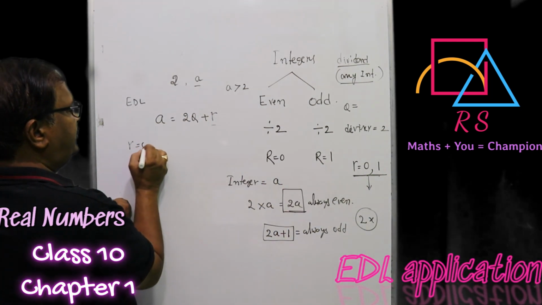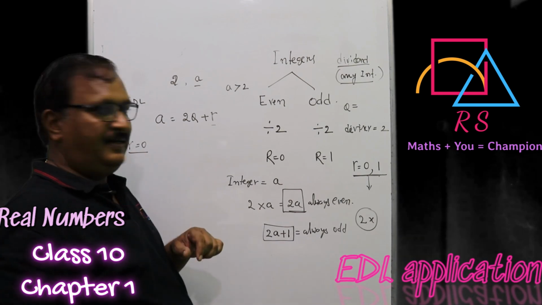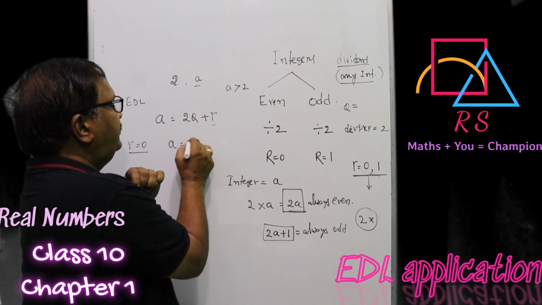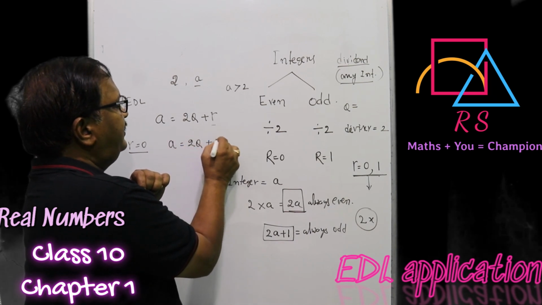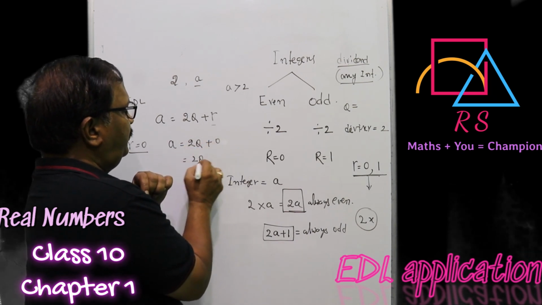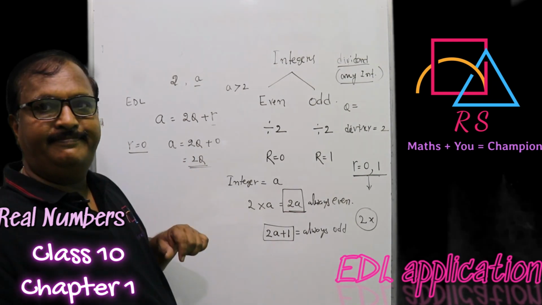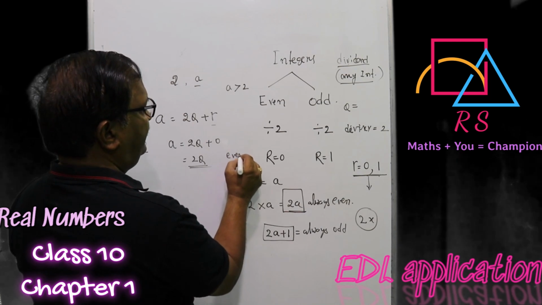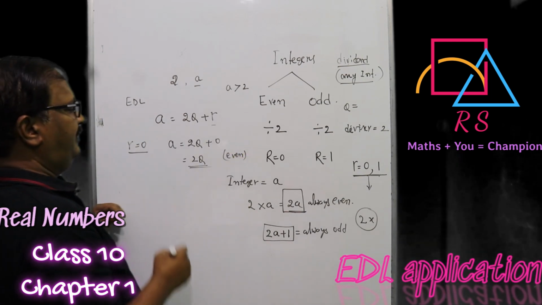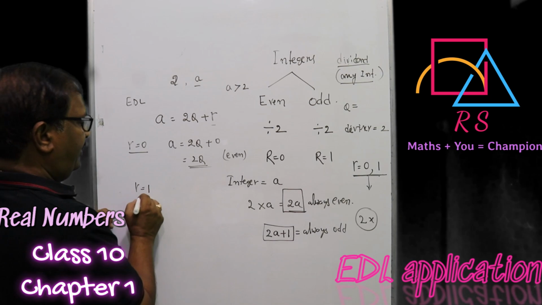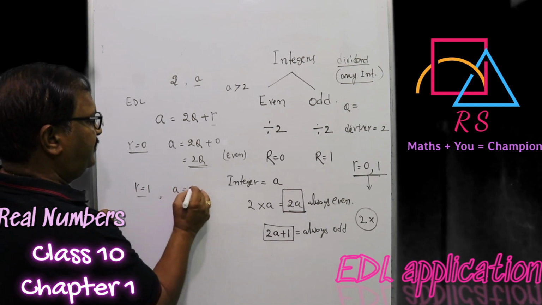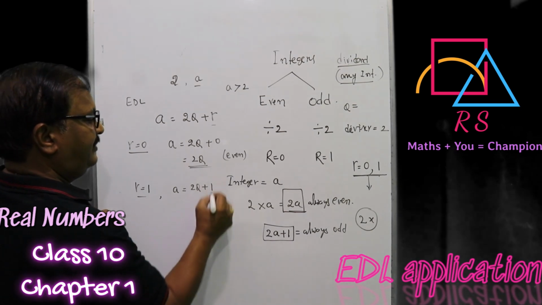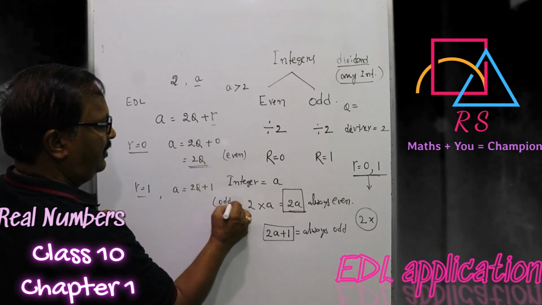Suppose R is equal to 0, then A is equal to 2q plus 0, which is 2q, an even number. At R equal to 1, A is equal to 2q plus 1, which is always an odd number.